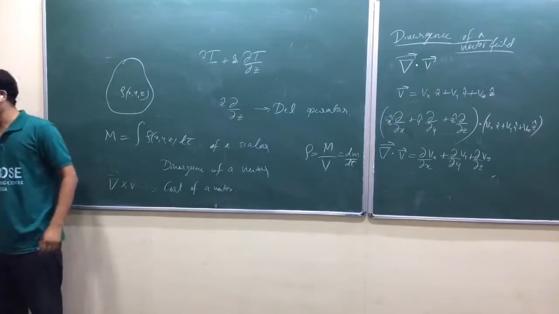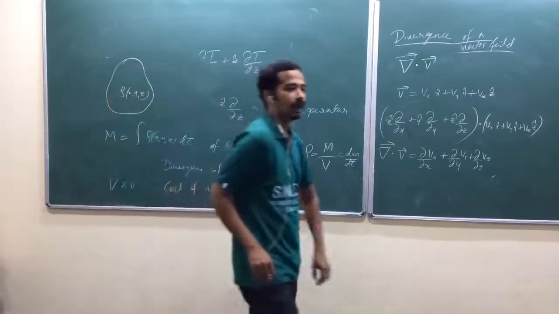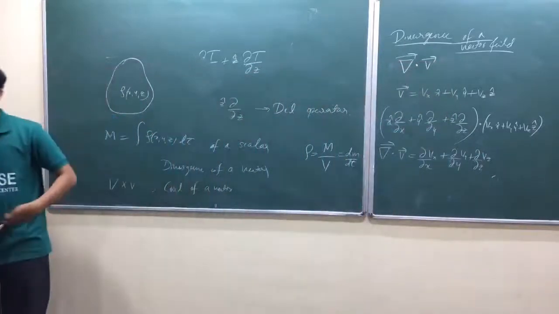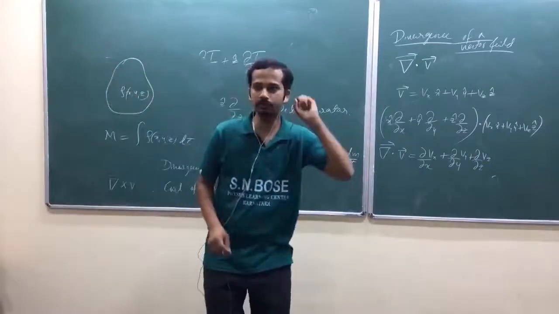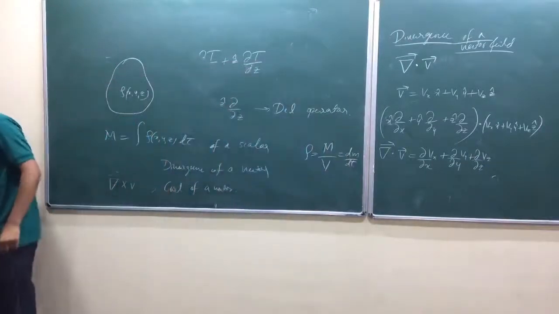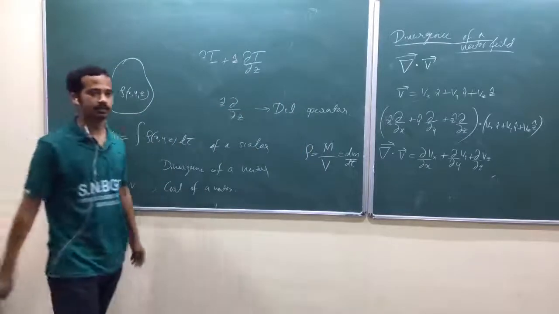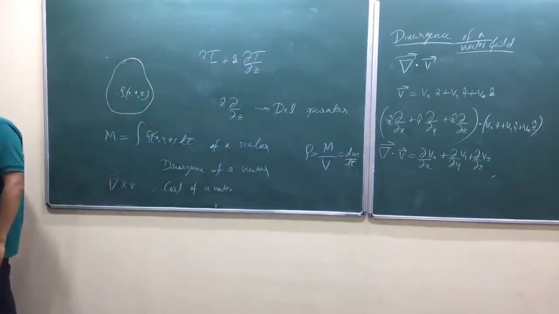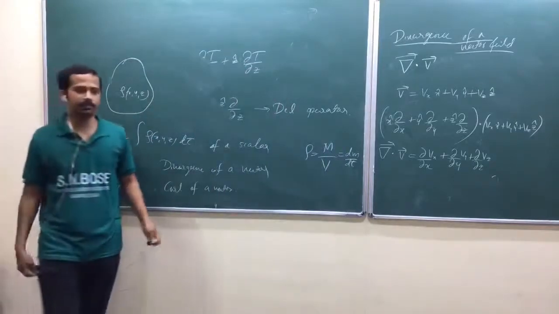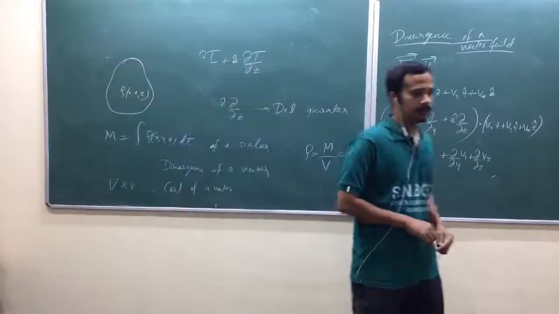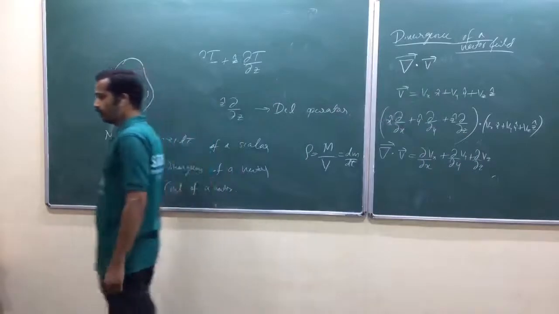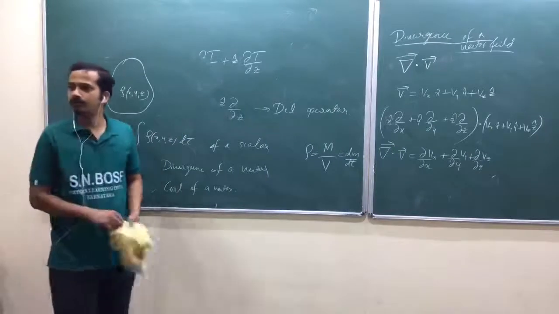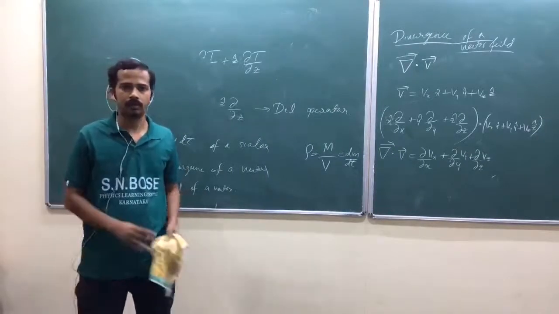Divergence is a volume density of outward flux of a vector field from an infinitesimal volume around a given point.